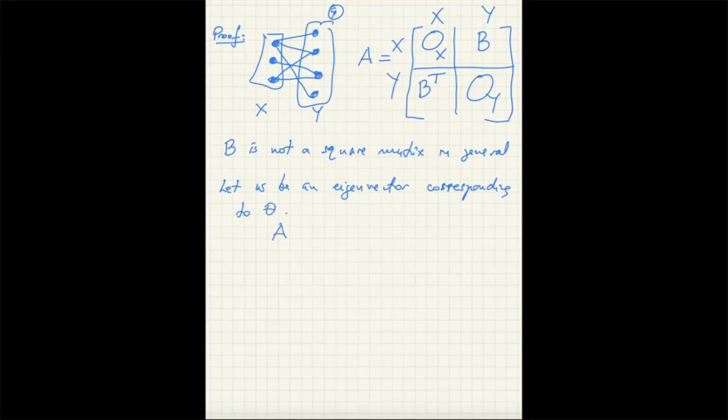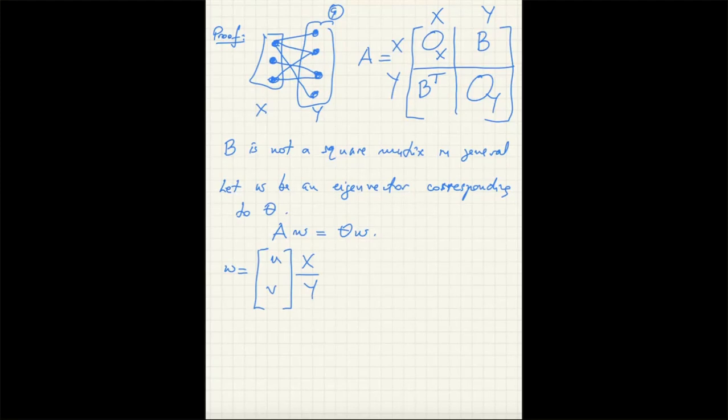We have that A times W equals theta times W. Now, because we have our matrix A in this block form and its rows and columns are labeled by X and then labeled by Y, it makes sense to think of W as being a concatenation of two vectors. One is the one indexed by the first vertices that belong to X, and then the second one indexed by the remaining vertices that belong to Y. So let's call this first one U, and let's call the second one V.